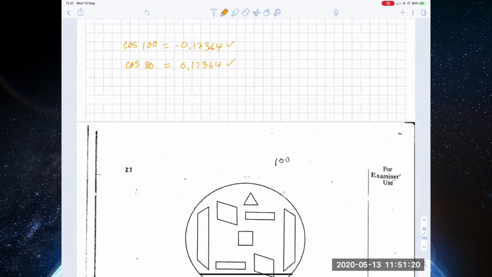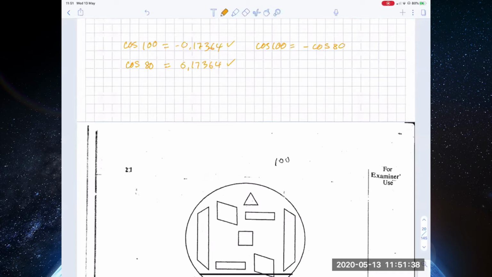They're the same, isn't it? So I could say cos 100 is equal to minus cos 80. You see that?